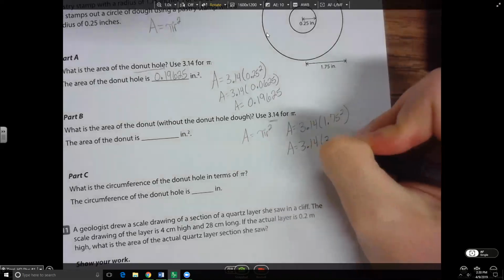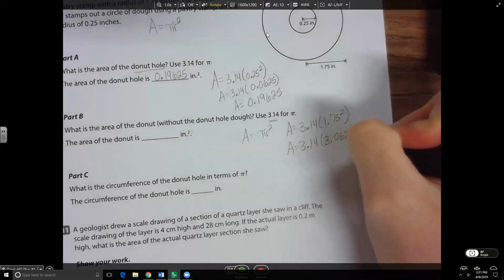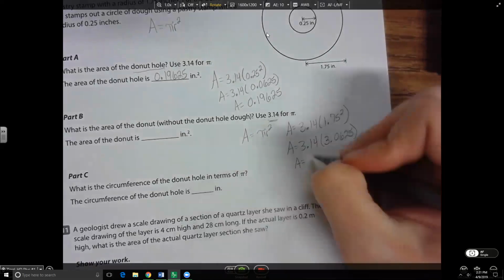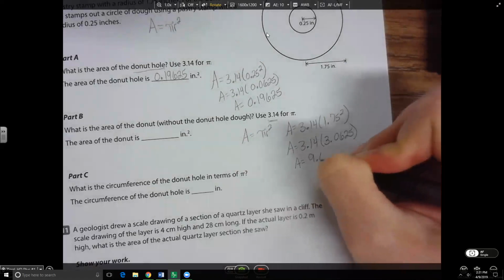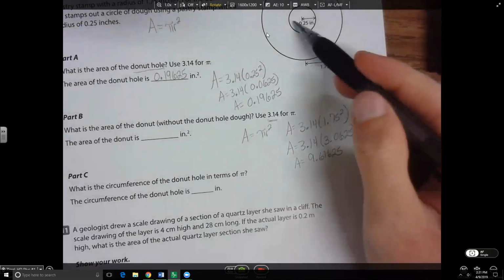That gives me 3.0625. And I'm going to multiply that times 3.14. Okay, so that's the area of the large circle, including the donut hole.